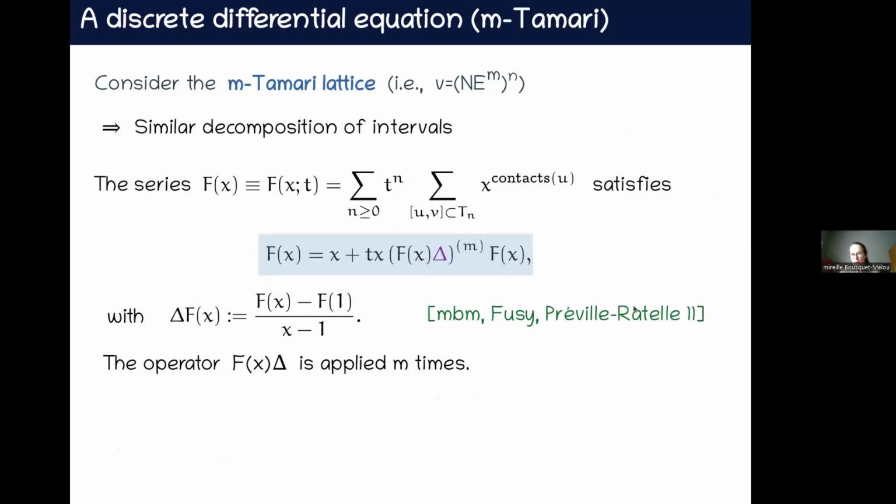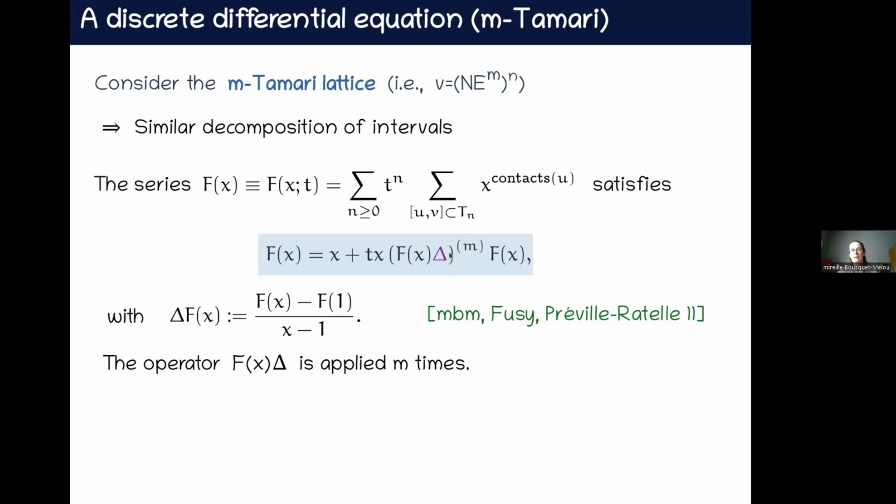Now, in our work with Eric and Louis-François, we did the same for m-Dyck paths, so for the m-Tamari intervals. We have a similar decomposition with more marks. And again, the two variable generating function satisfies a nice looking equation, but where this delta operator, or more especially F of x times delta, is applied m times to the series itself.